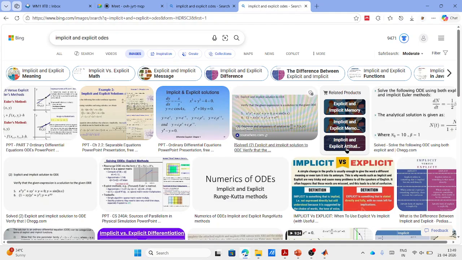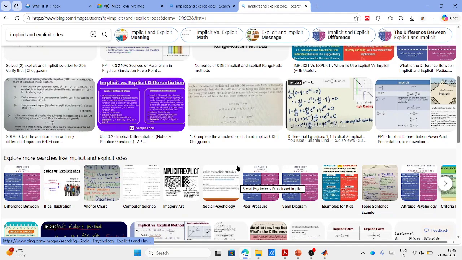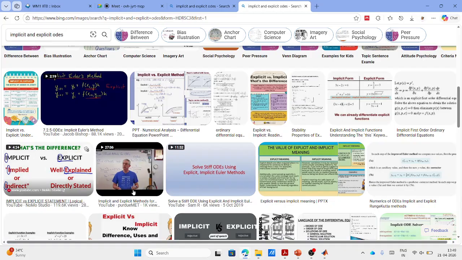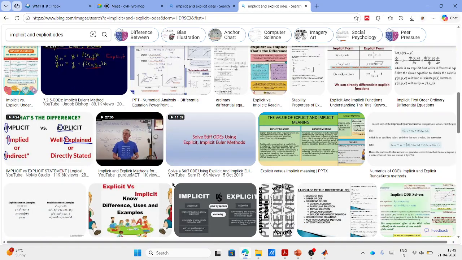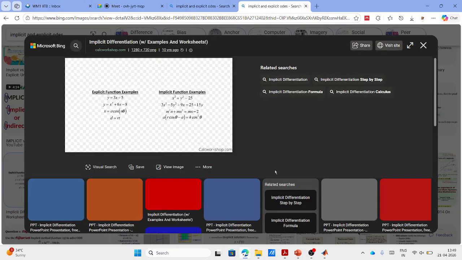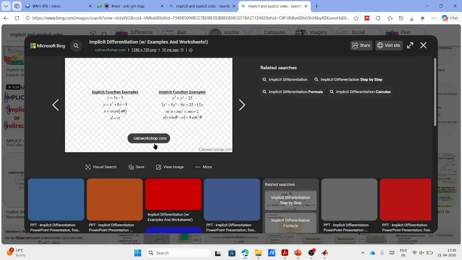Anyway, the example that we can get. I want an ODE example.